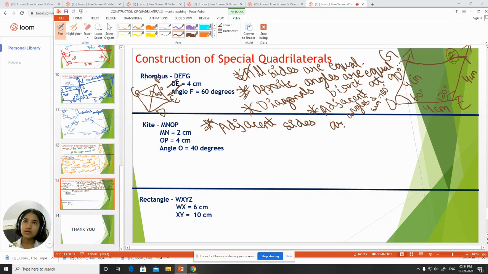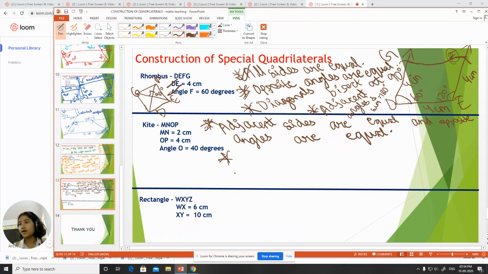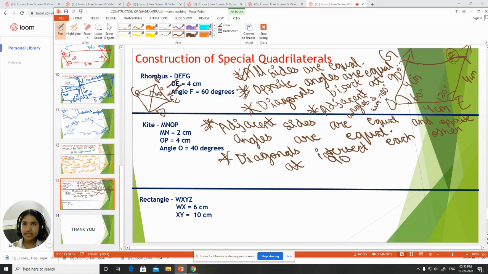Our next property is that the diagonals intersect each other at right angles, at 90 degrees.